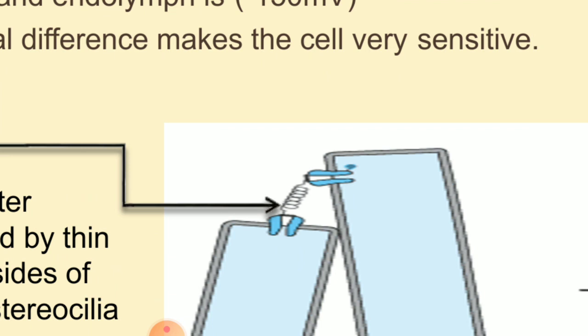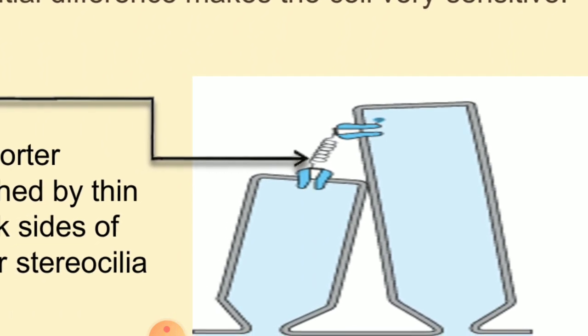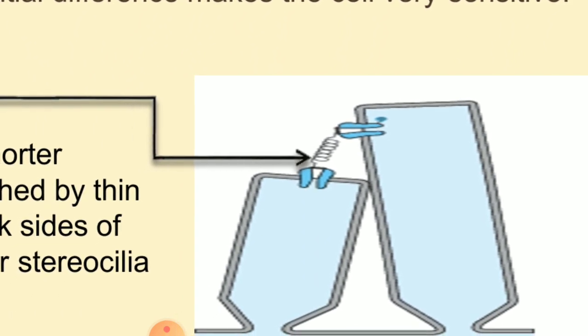That means whenever the stereocilia are bent towards the side of the longer one, the spring-like structure gets stretched and the ion channels associated with it get opened up, and it allows entry of some cations like potassium, calcium within the hair cells through the longer stereocilia. This much at this point I will be describing in detail while describing the hearing transduction mechanism.